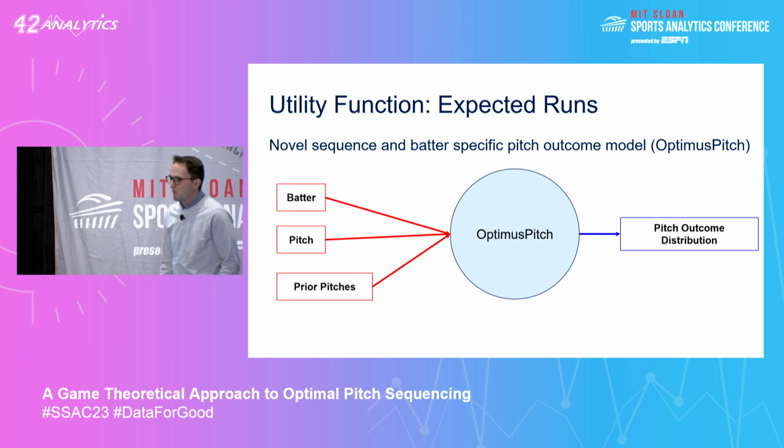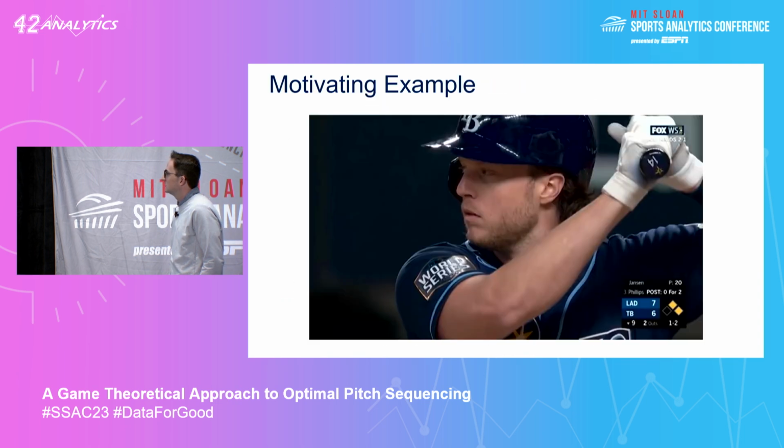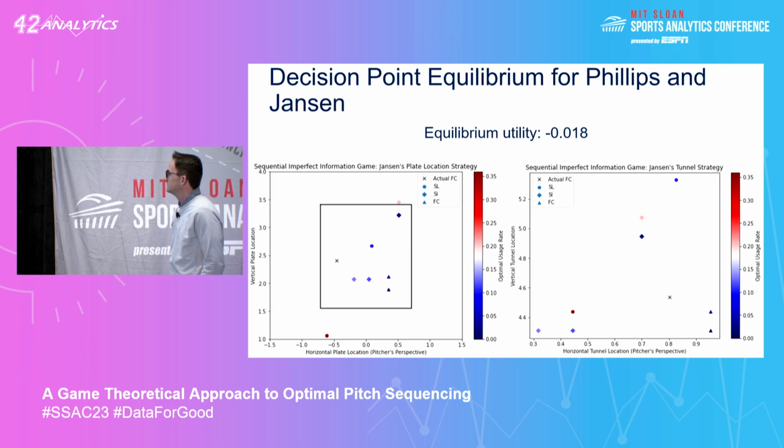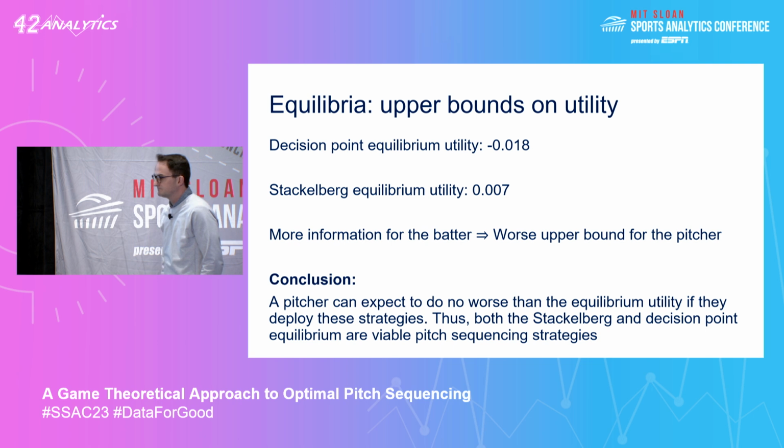Great, super interesting. On your last slide, you showed the difference between the Stackelberg equilibrium and the decision point equilibrium, and you had a minus. Can you translate those numbers into baseball for me? If a batter could achieve the Stackelberg equilibrium, does that correspond to one more hit per, like, what does that correspond to? Yeah, really good question.